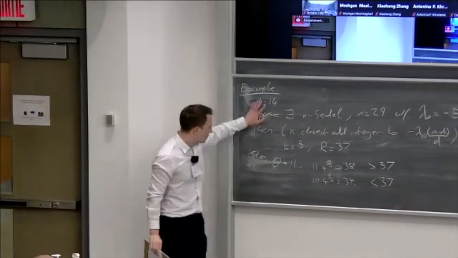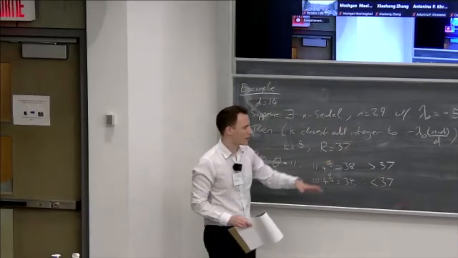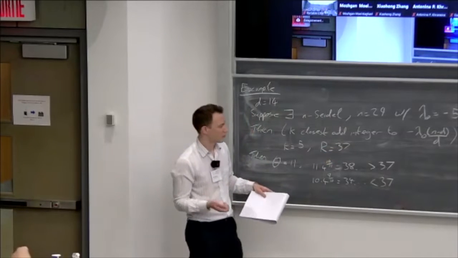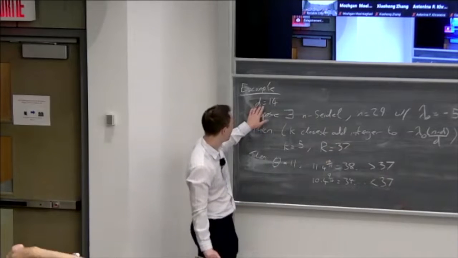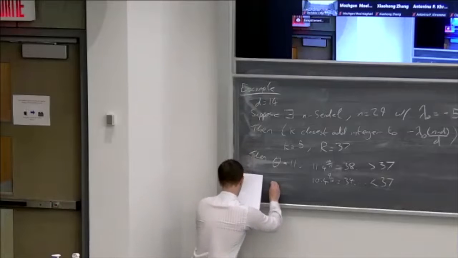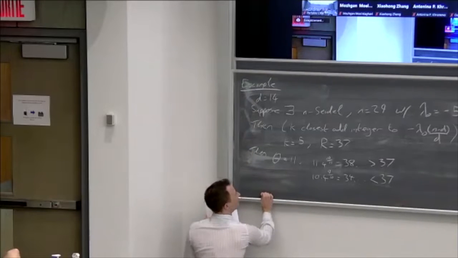So we worked out everything in the assumption, and now we can apply the lemma. We see that theta is less than d. Here d is 14, theta is 11. So if we apply the lemma, oh, I can actually lift this up.